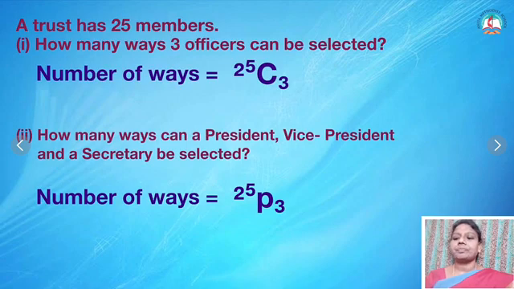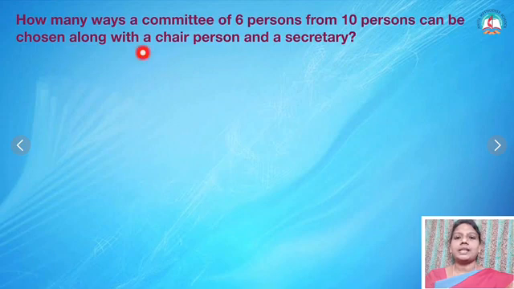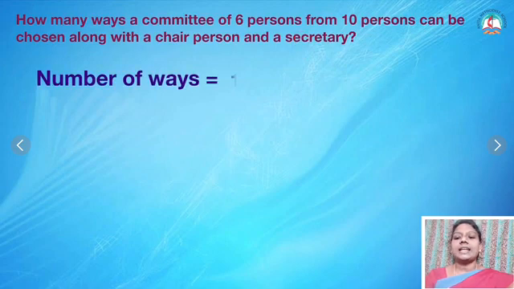Is that clear? And how many ways can a committee of 6 persons from 10 persons be chosen along with the chairperson and the secretary? Out of 6 it is given, chairperson and secretary also included. So if there is a restriction, what we have to do? We have to apply permutation. Therefore, number of ways is equal to 10P2.